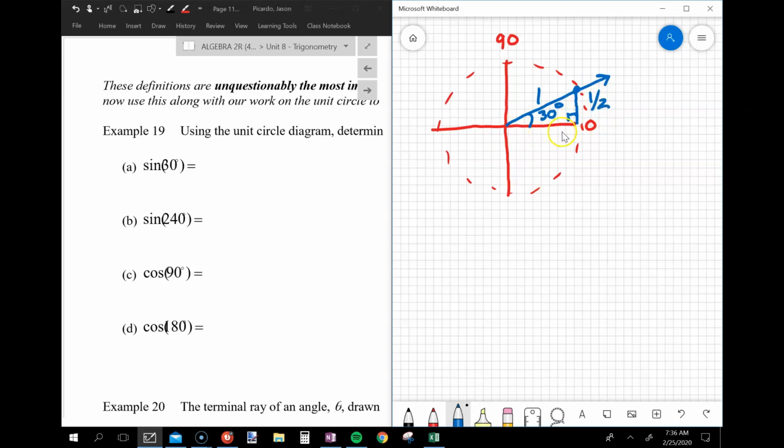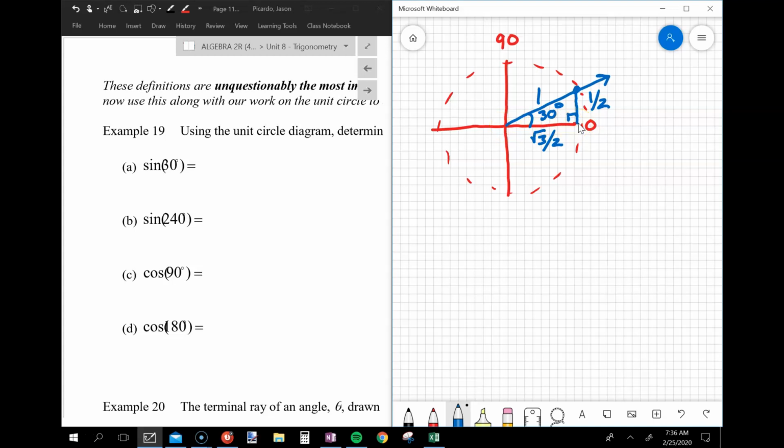What was the other side? Radical 3 over 2. All right, so I had a student stay after yesterday, and that student said, well, Mr. Picard, I'm okay creating this, but I'm not sure how to label this point. Well, guys, if I start at the origin, how do I get to that point? I go left or right? I go to the right.